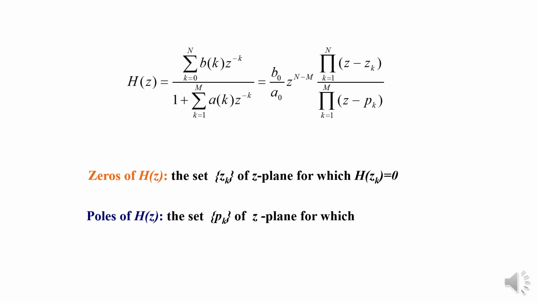That's because when z is equal to pk, the denominator will become 0, and anything divided by 0 is infinite. When you substitute any value from the set of pk values into H(z), it will become infinite. Therefore that is called a pole.